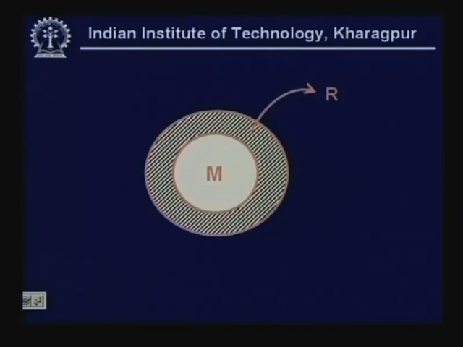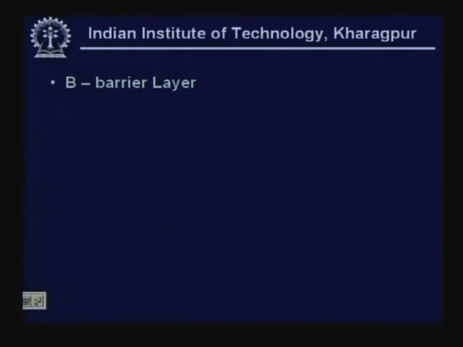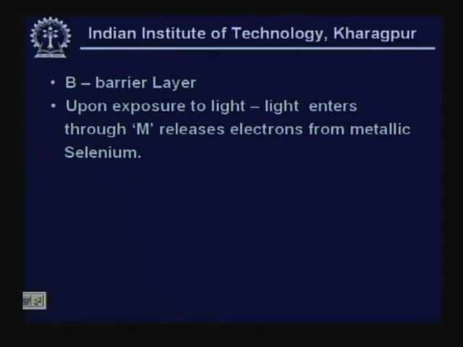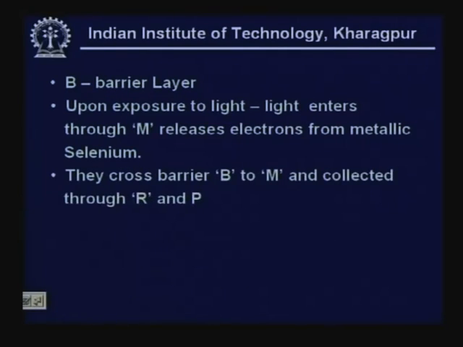This is the top view, and that is how the current is collected between P and R. B is the barrier. On exposure to light, light enters through M, releases electrons from selenium. They cross the barrier B to M and are collected through R and P.